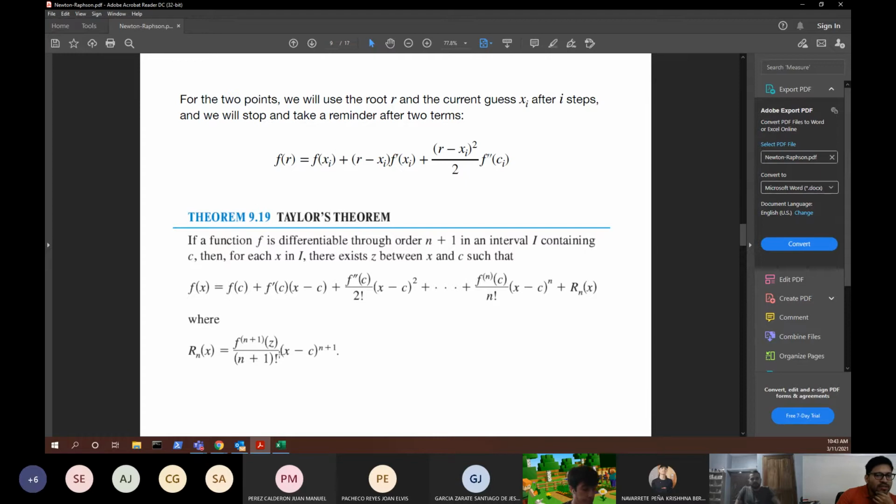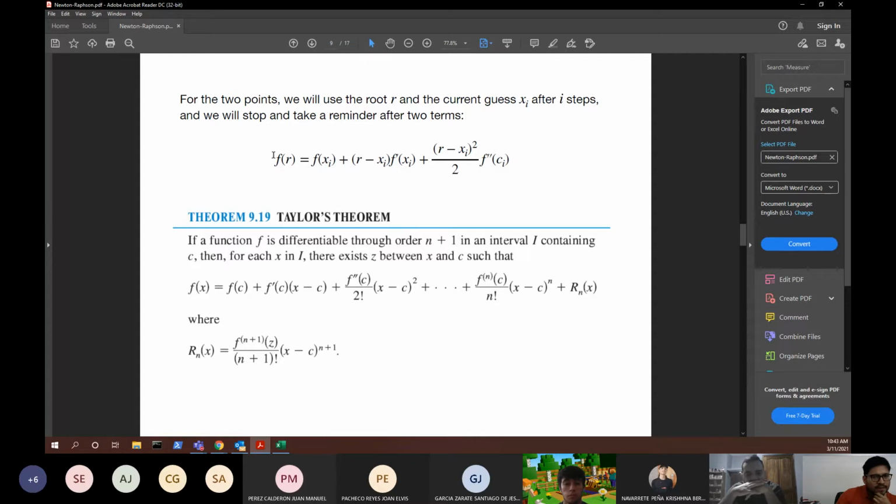So what I'm going to do is cut off these formulas at the quadratic term, because we are trying to prove that this method is a quadratically convergent method. So that's why I'm going to cut out these terms. I'm just going to take this one and use it as this one.